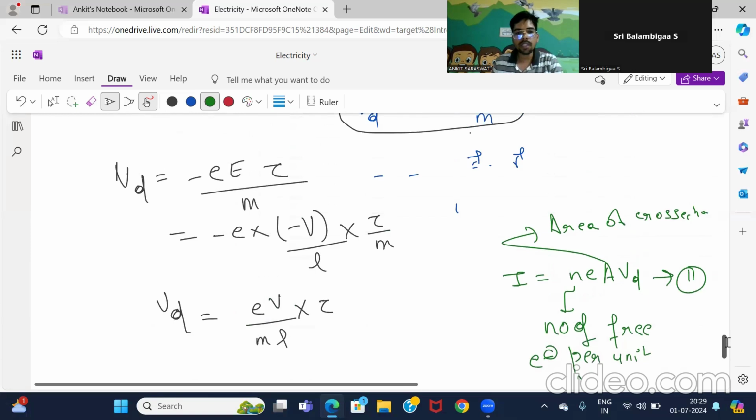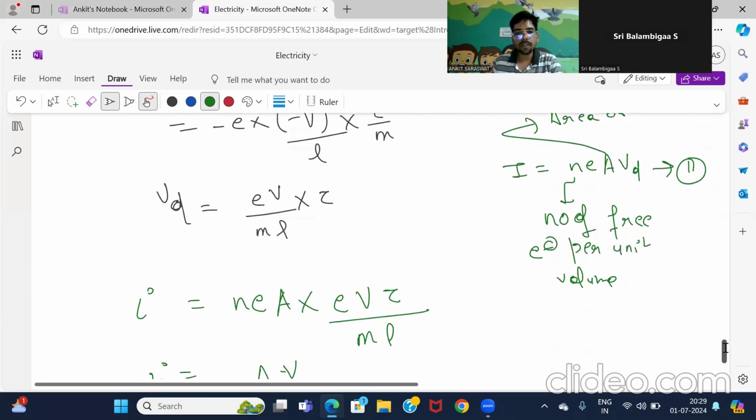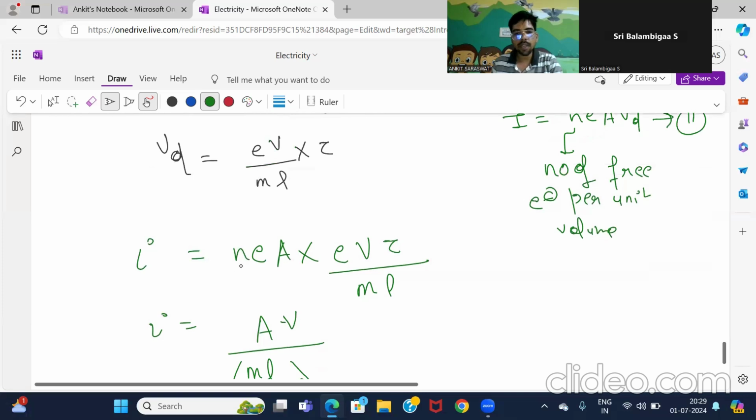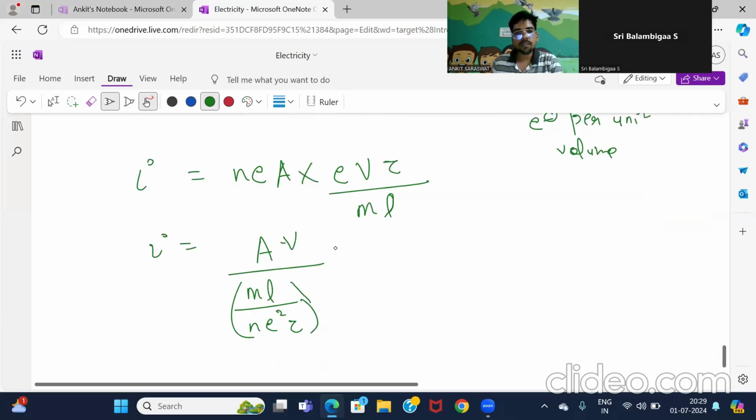So VD will be e E tau by m, and E is replaced by V by L. Clear? What you will get? Area into voltage, N e square tau by m L, m L by N e square tau. Can I write like this? Any doubt? No, sir.